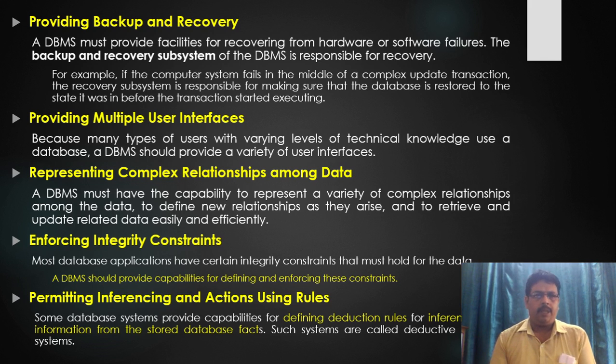Sometimes the data may have complex relationships among them, and about that we will discuss in a future class. In those cases, how the data will be retrieved and how the data is updated needs to be managed, and that is what we call representing complex relationships among the data.